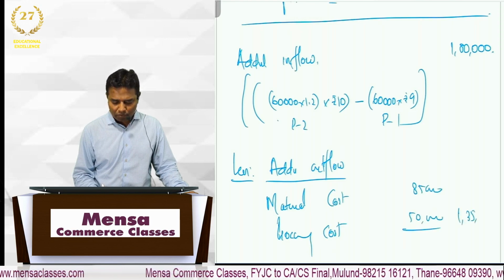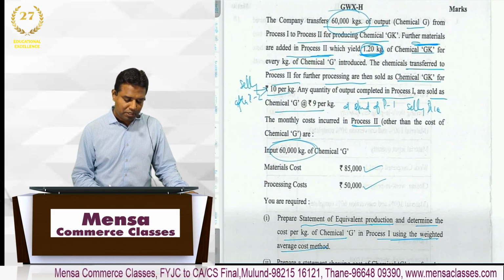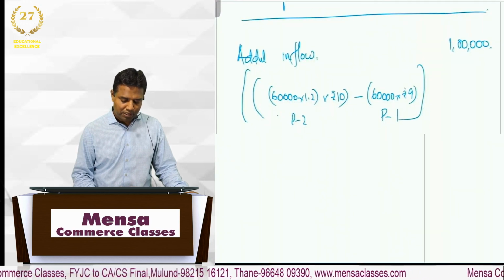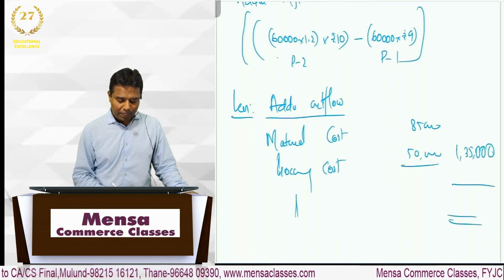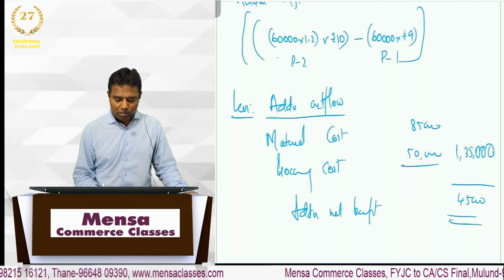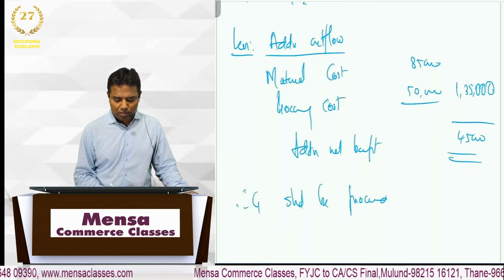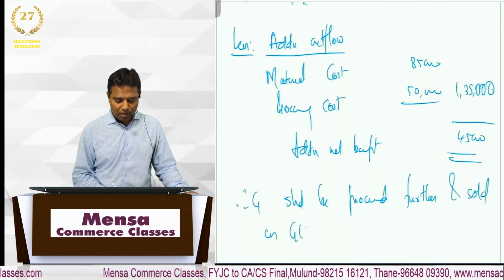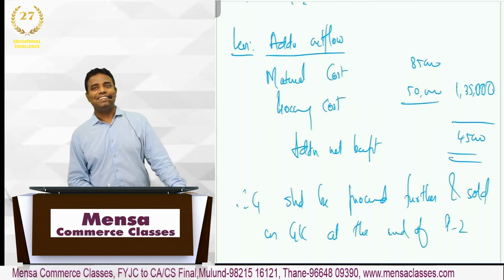So 1,35,000 extra I would have to pay, which would have gone out of my pocket for that additional revenue. So there is an additional net benefit of 45,000. Therefore, chemical G should be processed further and sold as GK at the end of process 2. That's the conclusion you make, right?